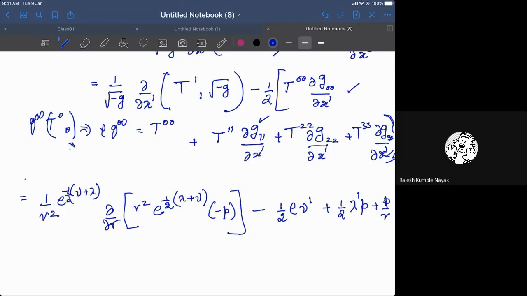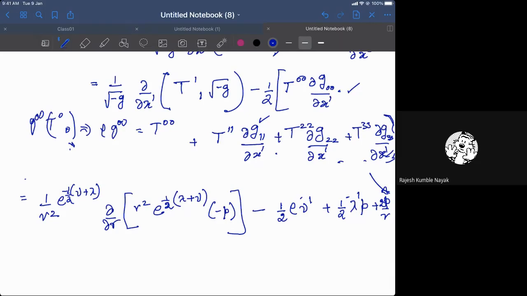Okay, so G00 corresponds to rho, and T^{11} is the first one coming here. These two give this, that half goes away with that. Okay, and then there is a mistake here. You need 2 because of the r square, 2r would come.